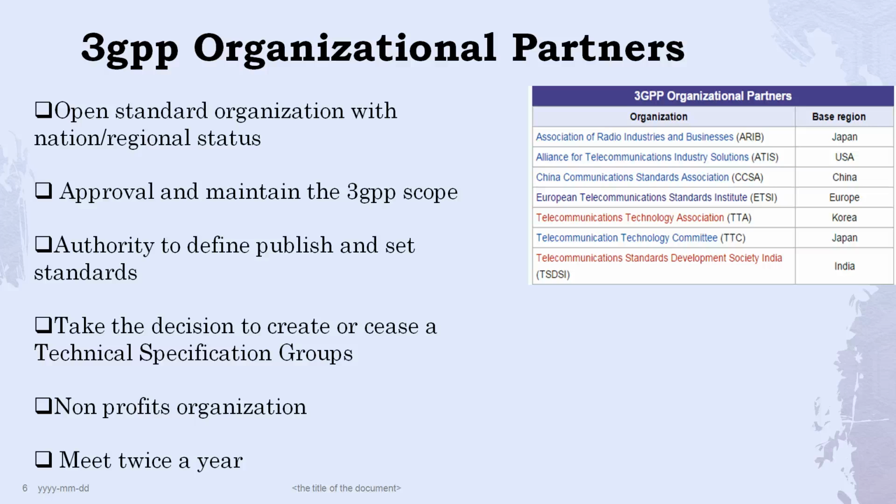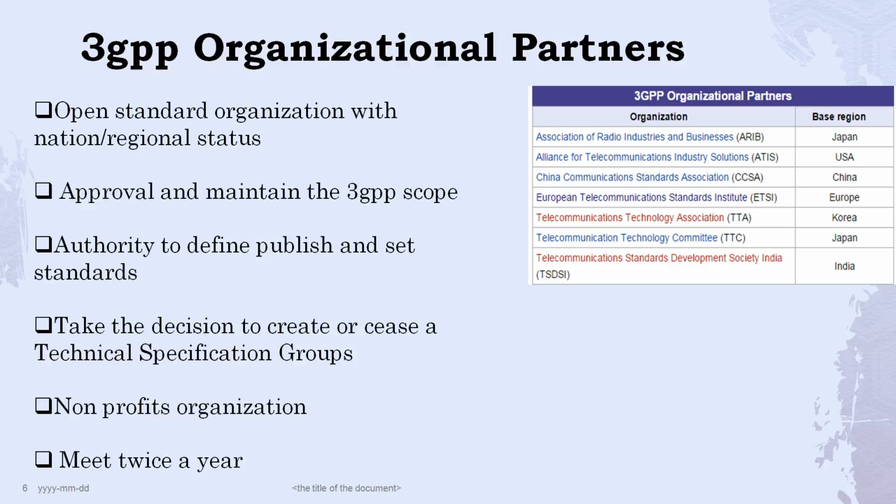They take decisions to create or cease TSG groups. The OPs are non-profit, so they're not making money on this, and they meet twice a year for sync-up meetings. Currently we have 7 different OPs around the world: 2 in Japan, 1 in the US, 1 in China, 1 in Europe, Korea and India.